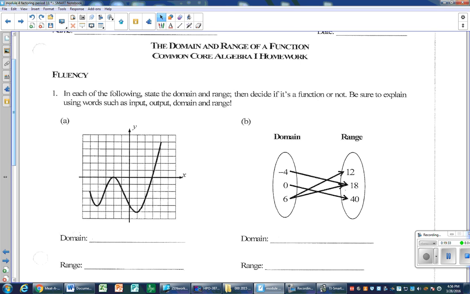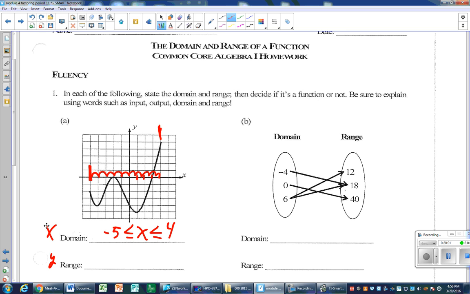Okay, ladies and gentlemen, domain are the x values, range are the y values. So domain goes from here to here. So it's -1, -2, -3, -4, -5 is less than or equal to x, which is less than or equal to, because they're filled in dots, +1, 2, 3, 4.